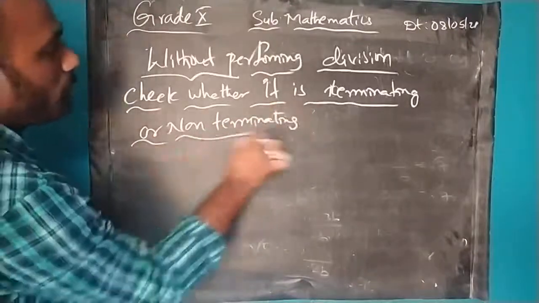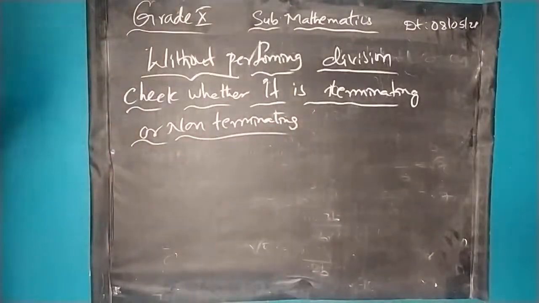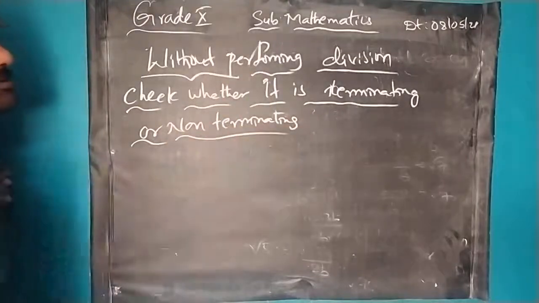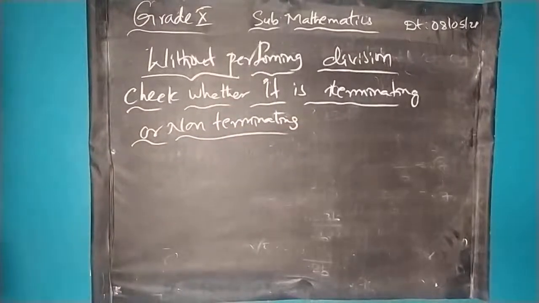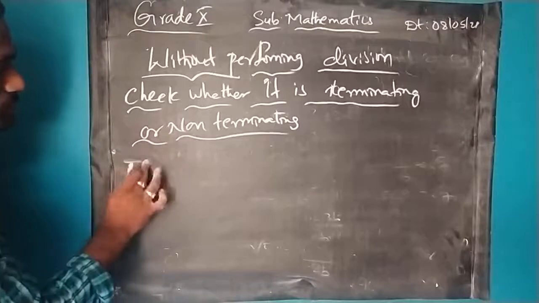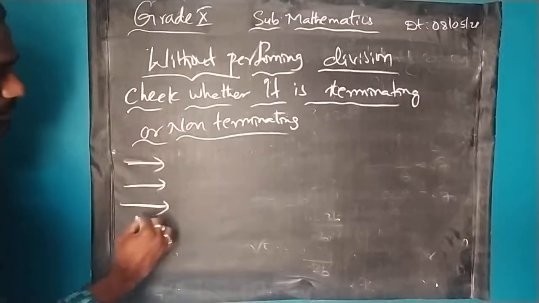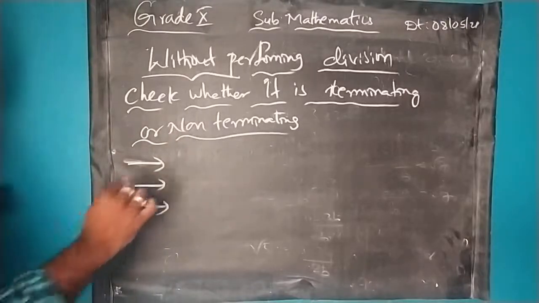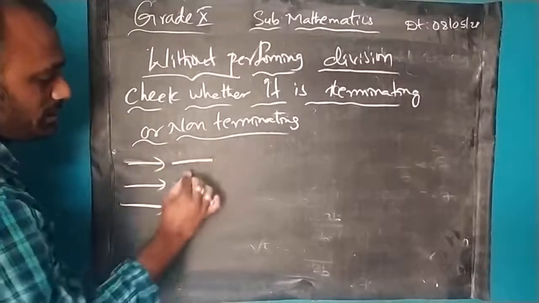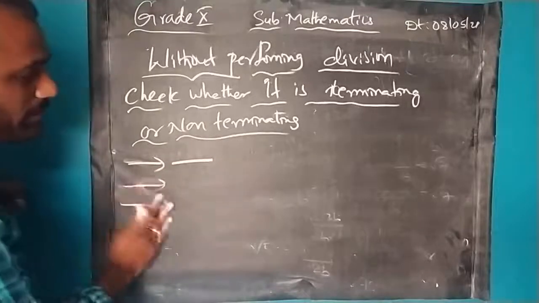Means we will not do any division, and without it we will see whether it is terminating or non-terminating. So 3 important rules are there. For example, I will say in this manner, you will understand better.